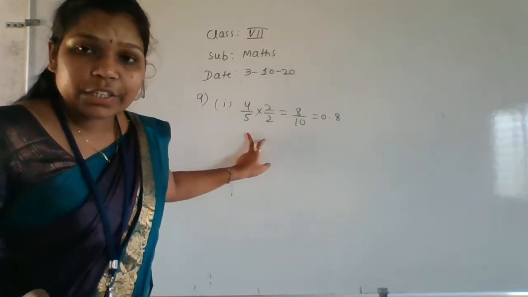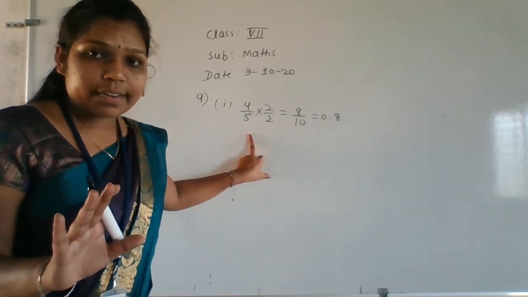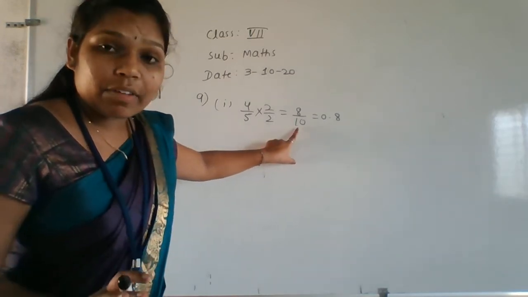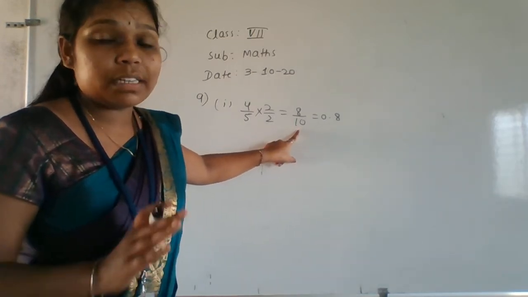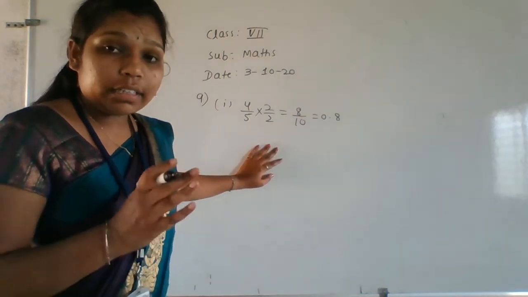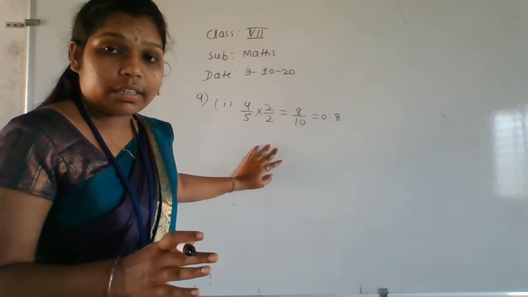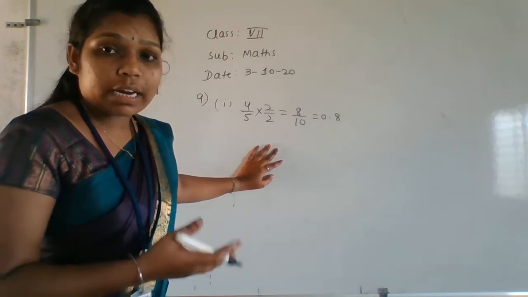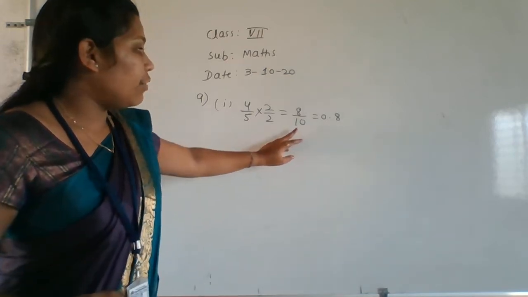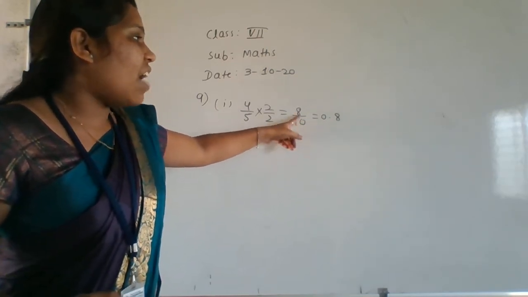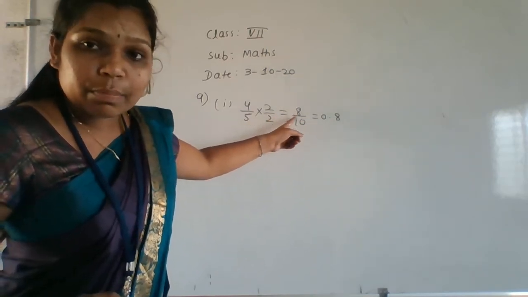See here, in the denominator 5 is there. Right. So first we have to convert the denominator value in terms of zeros, means 10, 100, 1000, next 10,000, like that we have to convert here. Because if we have 8 by 10, see, one 0 is there, means after one number we can put a decimal point, right?